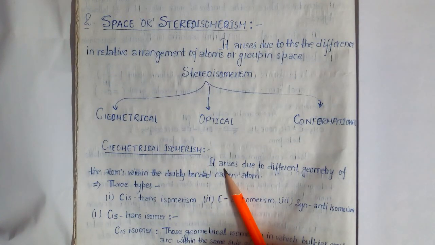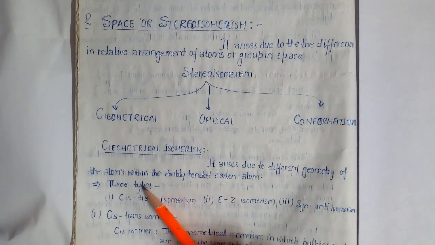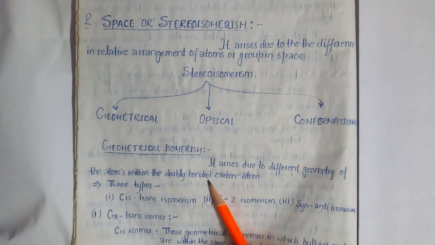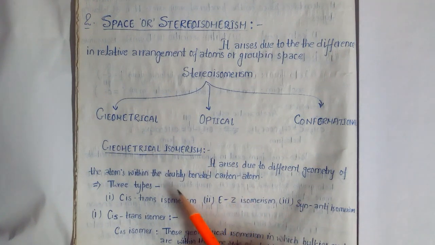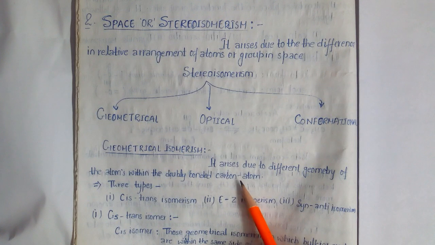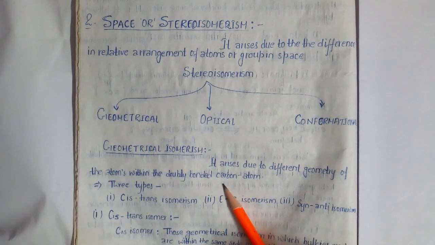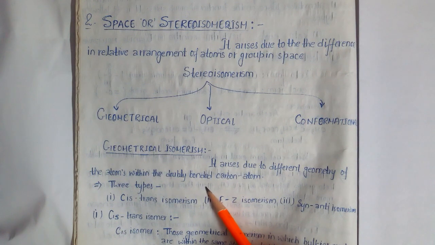The basic definition of geometrical isomerism is that it arises due to different geometry of the atoms around the doubly bonded carbon atoms. But it can not only arise between doubly bonded carbon atoms; it can also arise between doubly bonded carbon and nitrogen, as well as between nitrogen atoms.